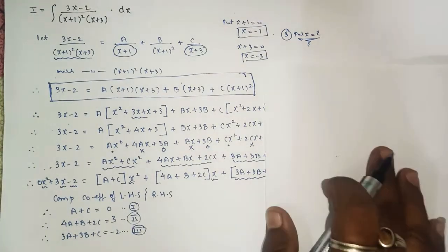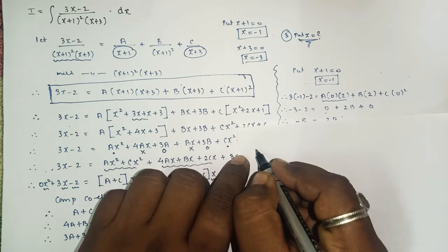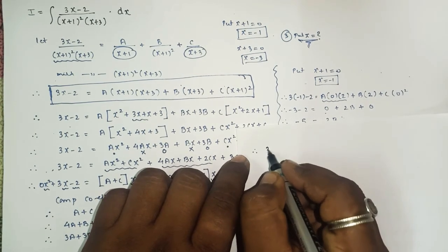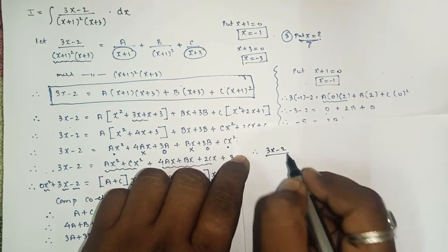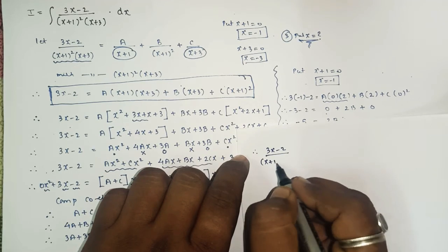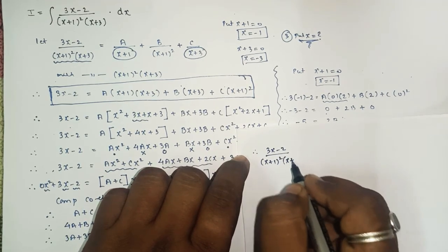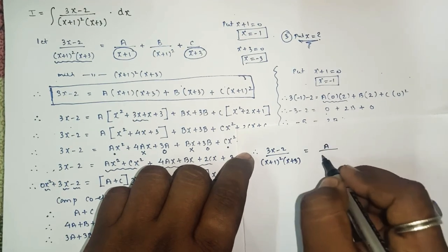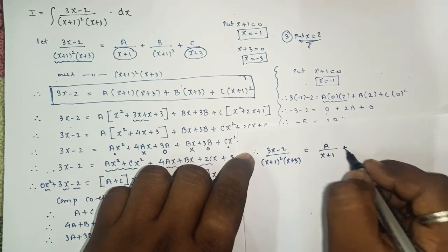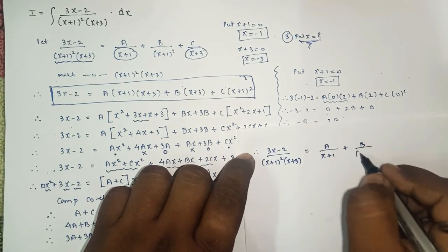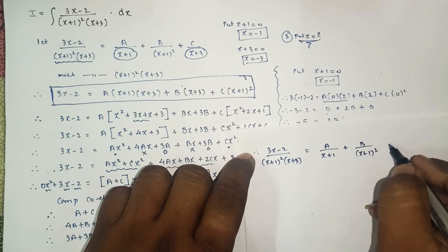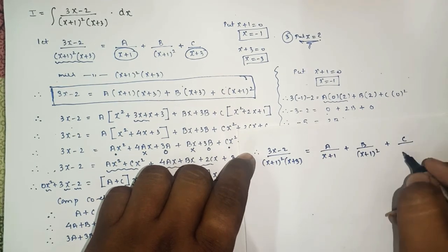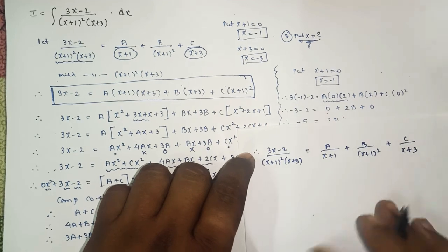So now what we will do, listen here. We had expressed this expression, with the repeated linear factor, as A upon x plus 1, B upon x plus 1 the whole square, and C upon x plus 3.